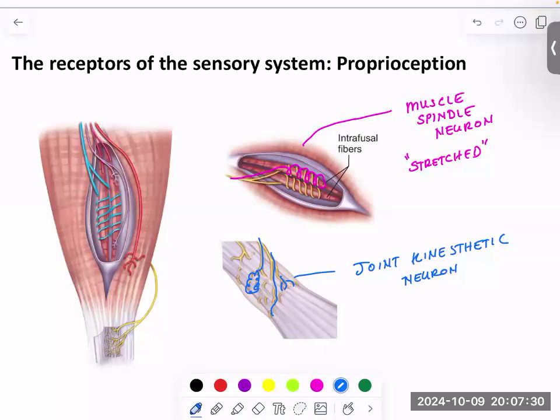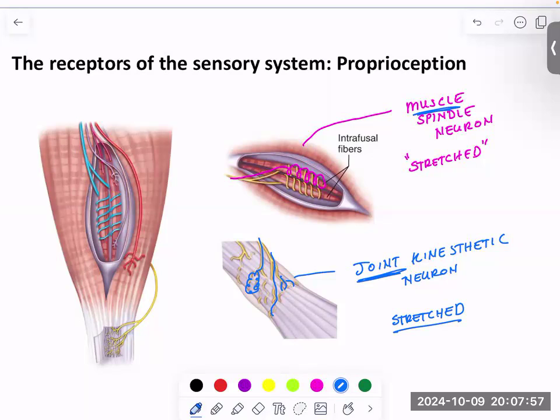What is this one detecting? How much your joints, your tendons, your ligaments are stretched. Both of these detect stretch. Just which part of the muscle is it detecting? Is it detecting the muscle at the joints? Or is it detecting the muscle at the muscle fibers itself?